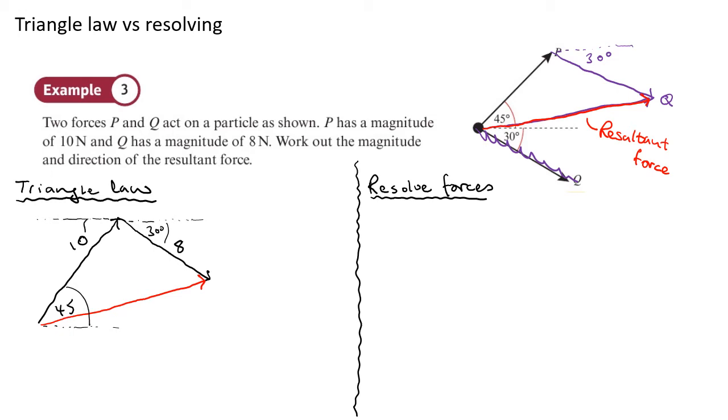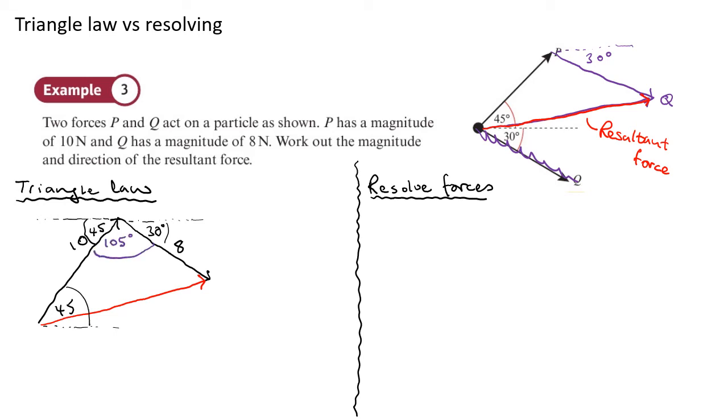Here I've got alternate angle, so that's 45. And if I take 30, that looks like 300, it's meant to be 30. If I take 30 away from, and 45 away from 180, I am left with, I think, 105. So 180 minus 45 minus 30, yeah, 105 degrees. So this is 105 degrees.